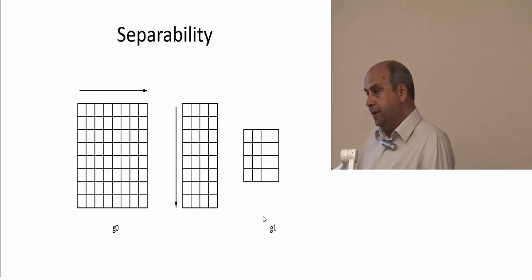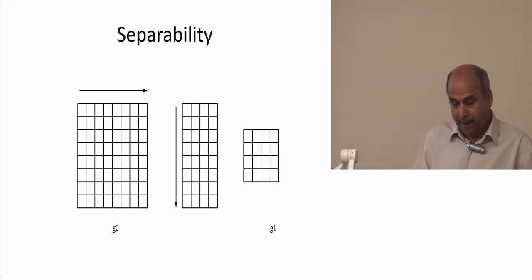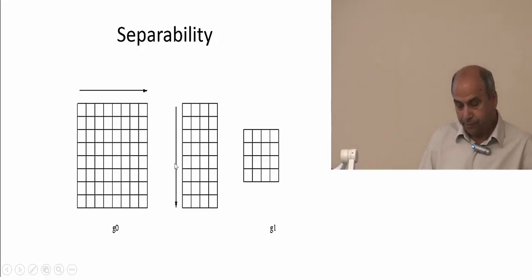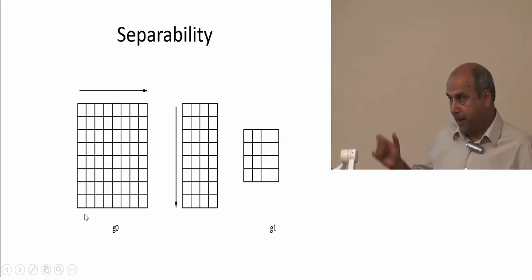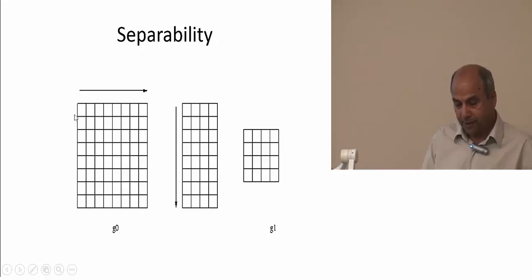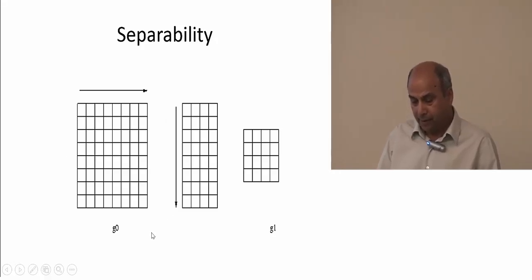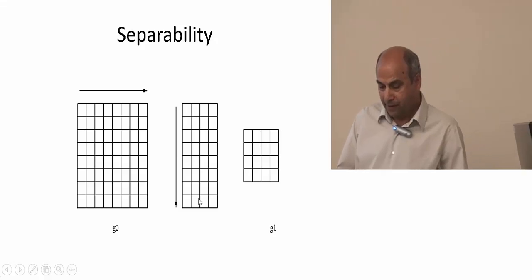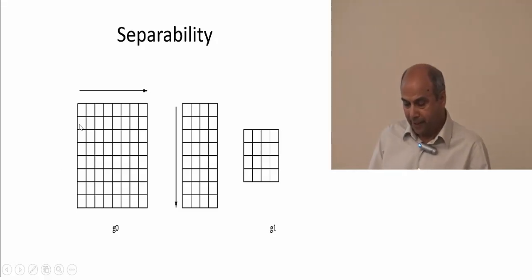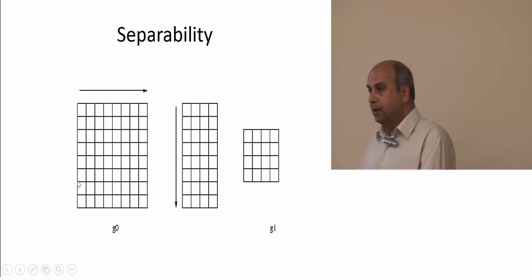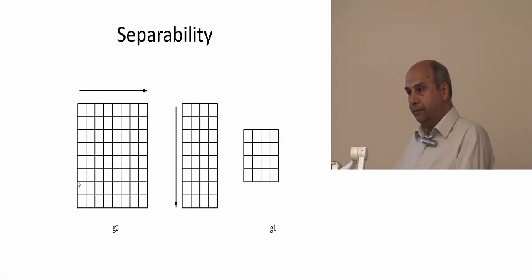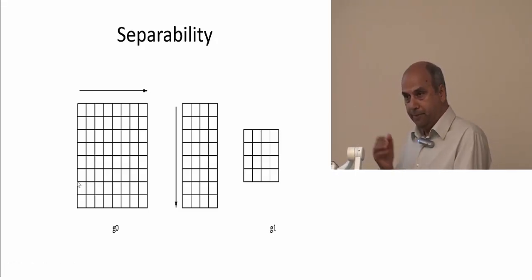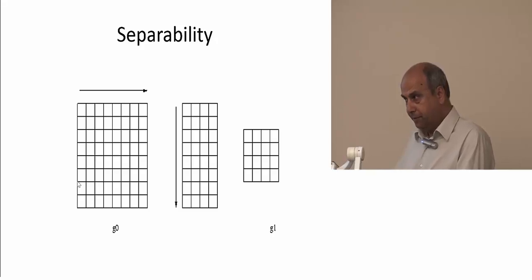That's the way we have defined it, so we can apply the mask on each row, skipping every other pixel. Suppose this is 8, we'll get 4. Then apply the same mask along each column, again skipping, so from 8 we get 4. So we get 8 by 8 to 4 by 4, and that will be the next level of the image. It's pretty simple, very nice, intuitive.